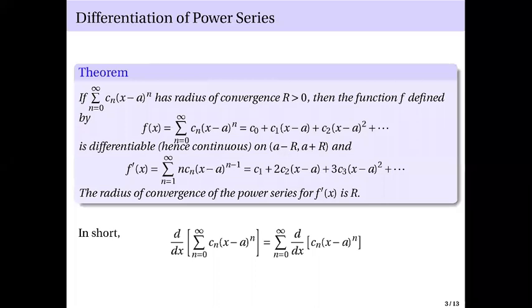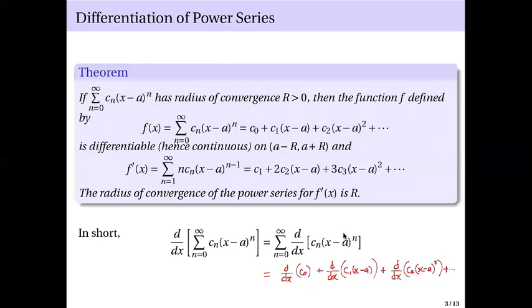Let us expand this a little. You have the derivative with respect to x of the constant c sub 0, plus the derivative of c1 (x minus a), plus the derivative of c2 (x minus a) squared, plus so on.